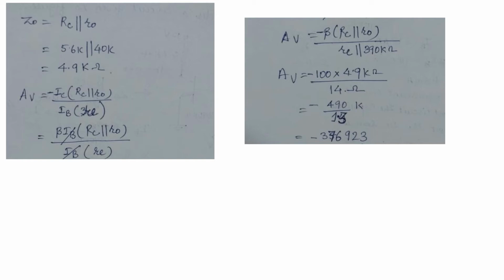You will find that the base current cancels out from numerator and denominator, giving you a simplified relation of the voltage gain, that is minus beta into RC parallel R0 upon re parallel 390k. Substitute all these values and you should get the result.